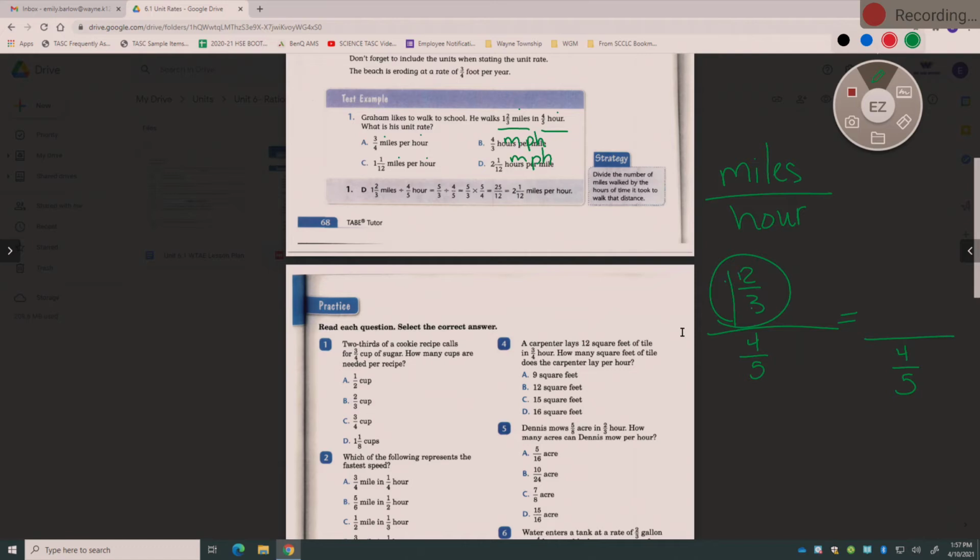And we add the numerator 2, which would give me 5. So that number is my new numerator, and my denominator stays the same. So 1 2/3 is the same as 5/3. So now I've got 5/3 over 4/5.